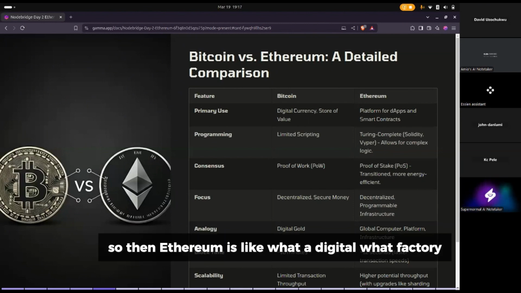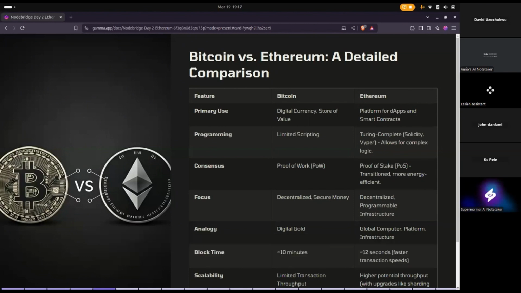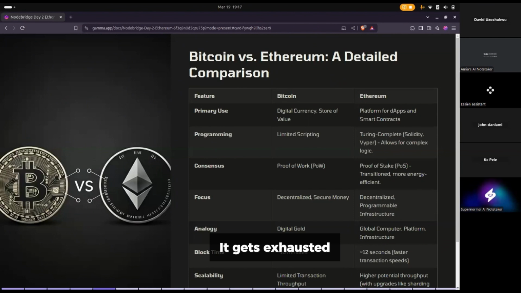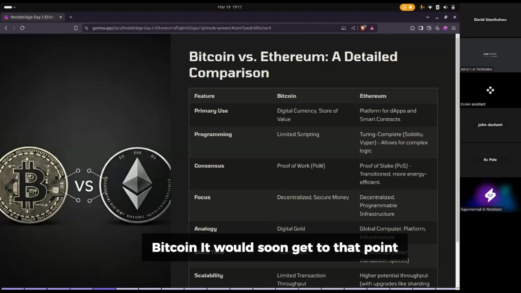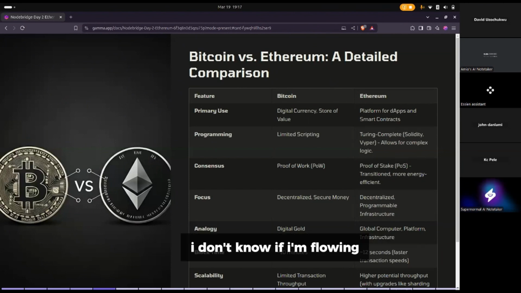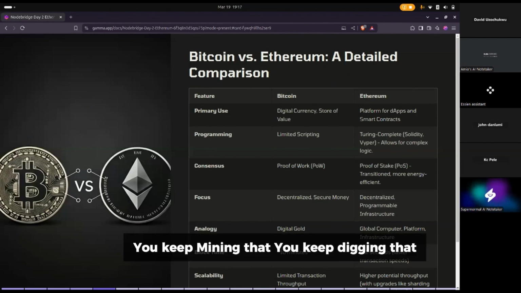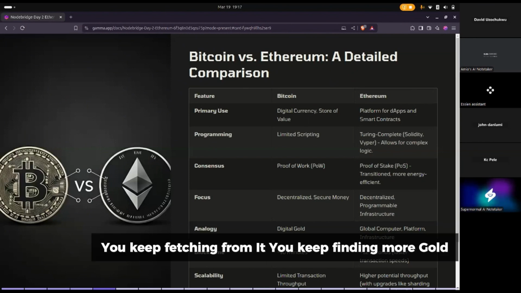So then Ethereum is like what? A digital factory. So can you see the difference? Digital gold, digital factory. For gold, when you find gold at a particular place, there's a way you dig that gold, and at some point it gets exhausted. Bitcoin would soon get to that point. That is our digital gold, because no matter what you do, you keep mining, you keep digging, you keep finding more gold.